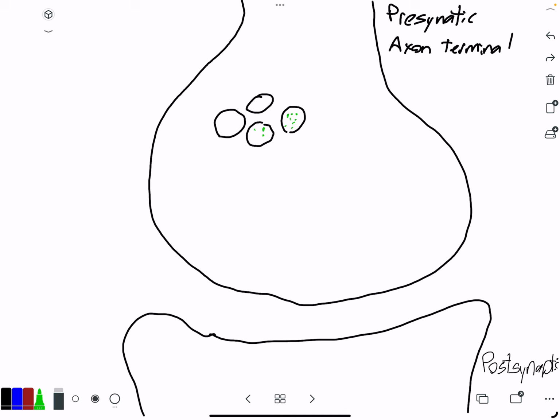So these green dots represent our neurotransmitters ready to go. Now these vesicles are bound together via a protein called synapsin. And so they're waiting here in the presynaptic membrane, waiting for an action potential.